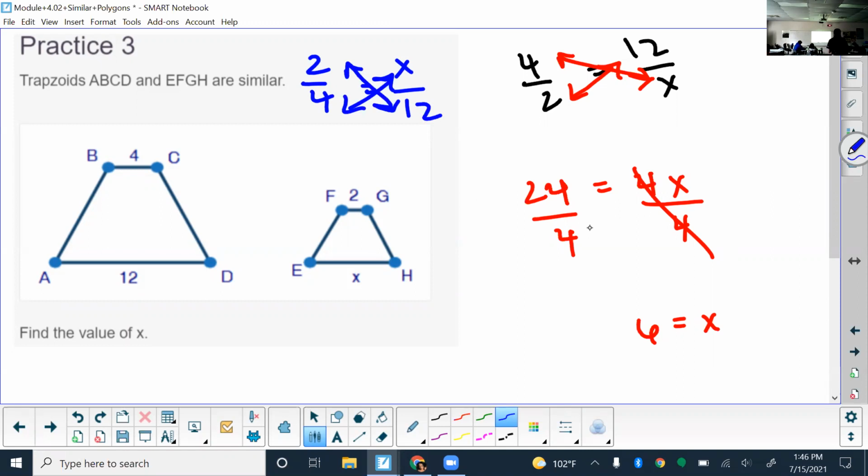As long as you're not mixing up completely what goes on top, what goes on bottom, it should be all good. Questions about that? All right, so X equals 6, so we set up our proportion, we cross multiply and solve for X.